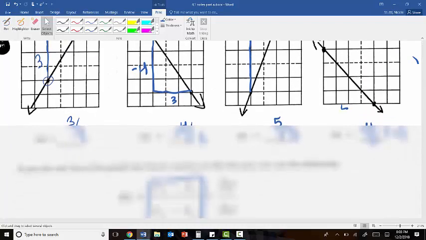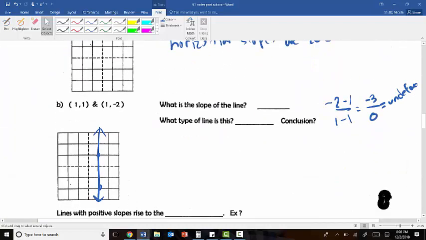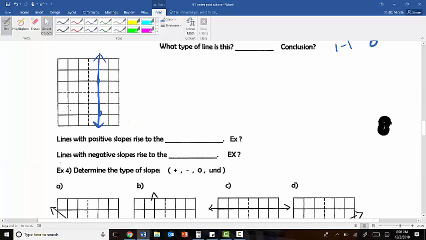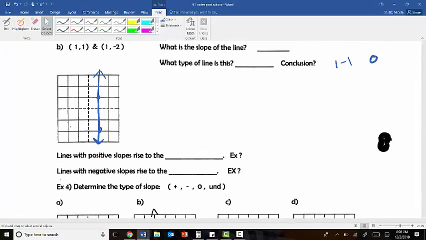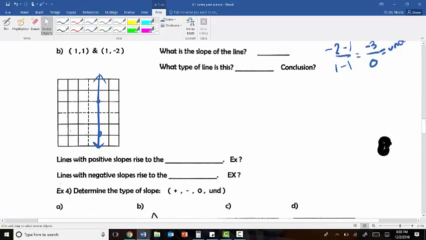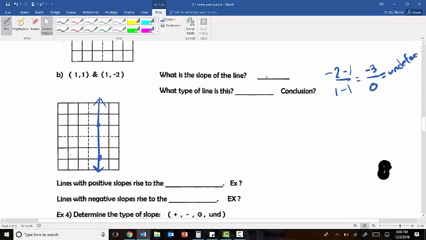So those slopes sometimes come up, and all that means is this slope is too steep to count. So in other words, if you were trying to measure the incline of this, well, you really can't because it doesn't ever go over to the right. It just stays straight up and down. So it would almost be impossible, actually, to run in that steep of an incline. So what's the slope of the line?